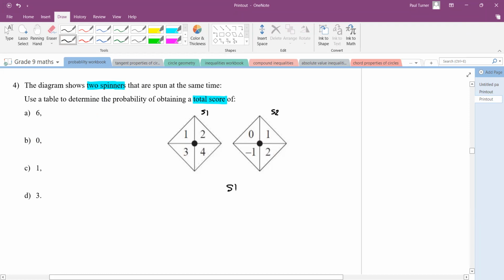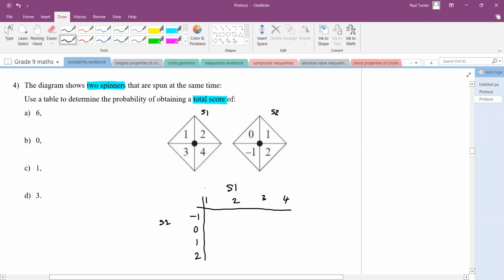So spinner 1, across the top, we have the numbers 1, 2, 3, 4. And spinner 2, we have 0. We can put them in order, -1, 0, 1, 2. The order doesn't really matter, depending on what we're doing, I guess.